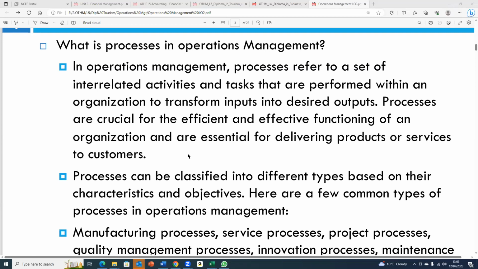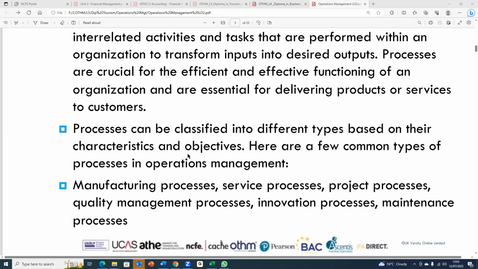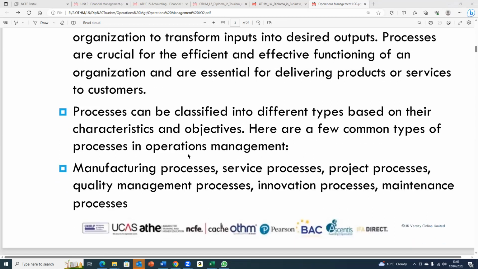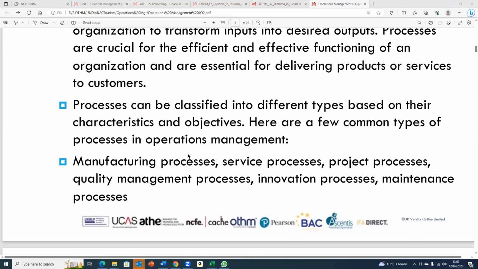Okay, so these processes form a crucial part of operations management in order to deliver goods and services to customers, right? They're very important so that they continue in a particular fashion, so the chain is not broken. As we said yesterday, if the chain breaks, then there's a problem, and we need to repair that chain, we need to mend it when it breaks down.